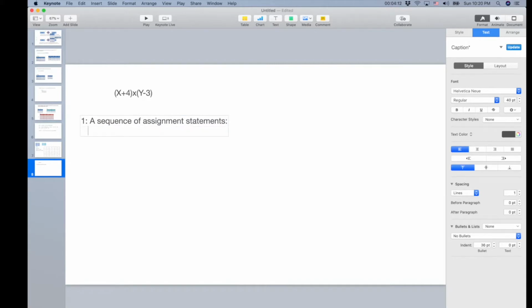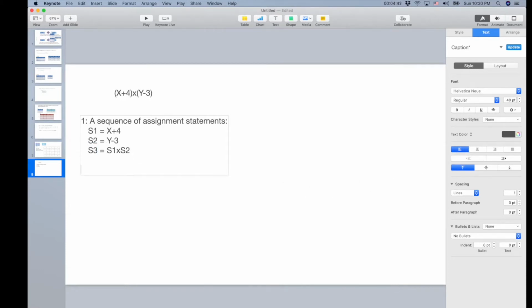For example, we have S1 equals x plus 4. This is the first assignment. We have S2 equals y minus 3. And we have S3 equals S1 times S2. Then this S3 will be the same as the expression we show here. This is the first way we can represent it.